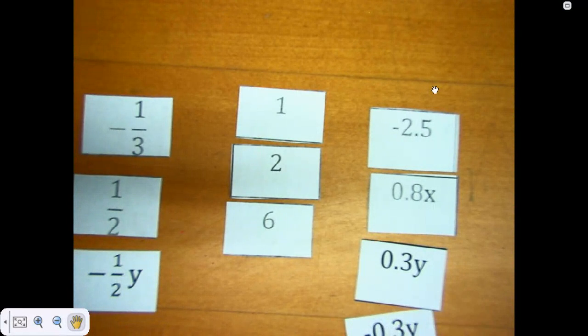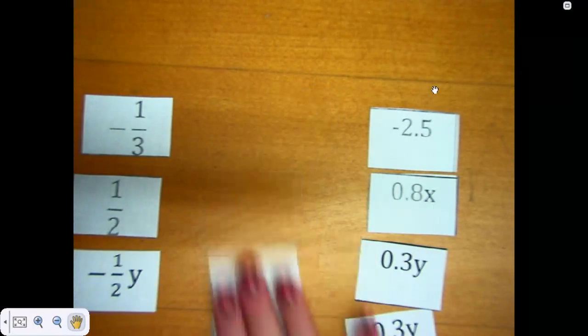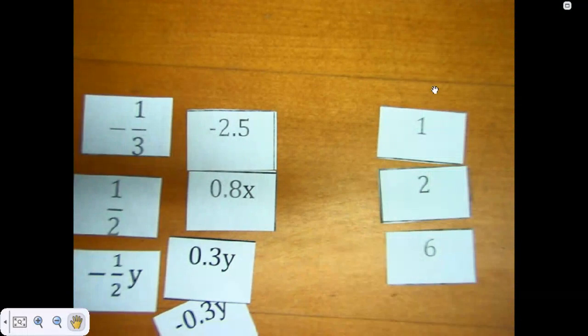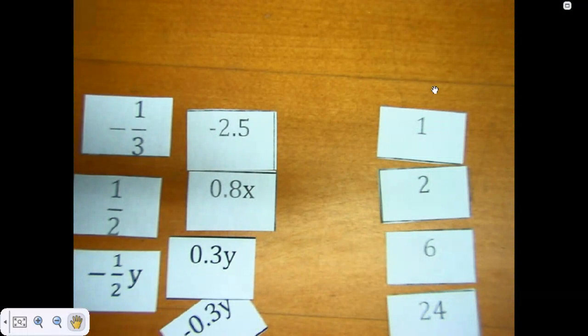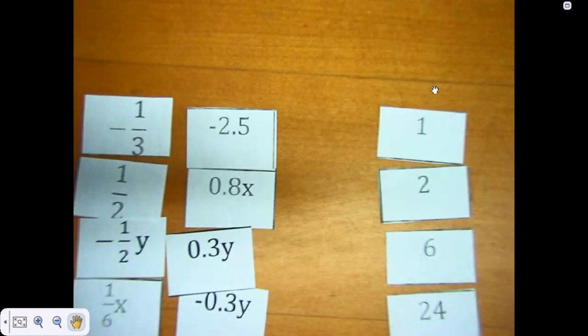And if you grouped yours like this, that's perfectly fine because we're learning. I have also had people who grouped them where they put just the whole numbers together and all the fractions and decimals together. I've had them grouped like that.